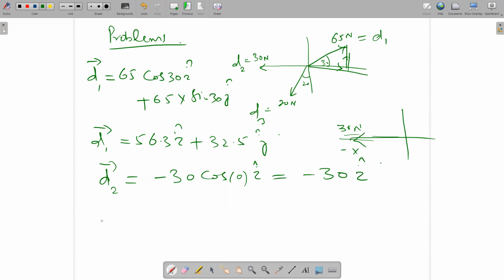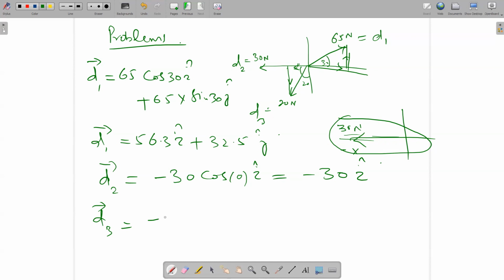Okay, and D3 is what? Here the game finishes because it has only one component. So it is 20. What will be this angle? This is 70. 70 plus 20 is 90. If you draw a perpendicular and take this component and this component, see the direction of this component is along the negative x-axis.